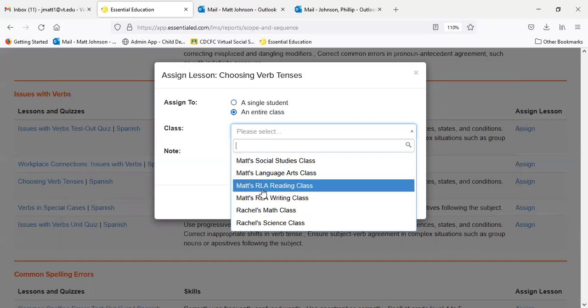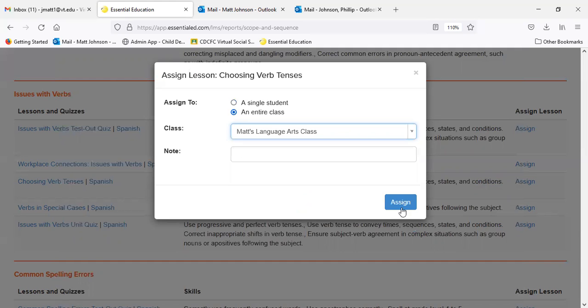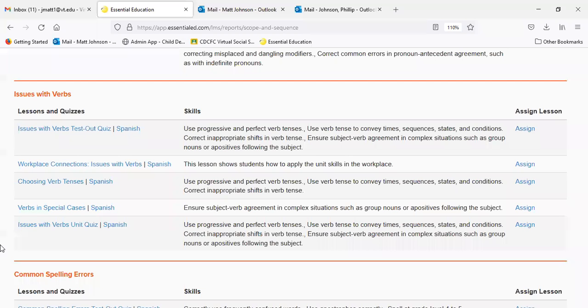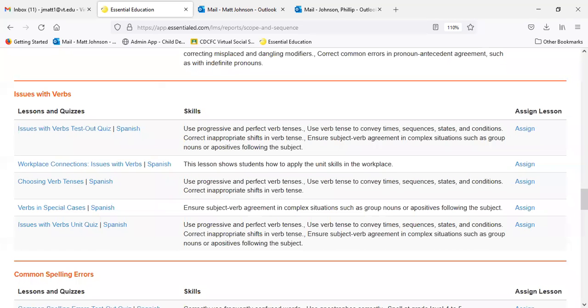Can you guys hear me okay? Yes. Okay. All right, let me make sure I assign this to start with. I did not. Okay, it should pop up for you guys now. So it'll be in RLA Language Arts. The lesson is choosing verb tenses. Okay, I apologize for that. I was thinking about that yesterday when I was looking at the lesson. So I'm going to reopen this and see if we have a little better luck.